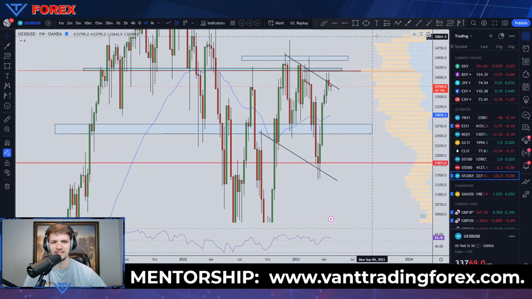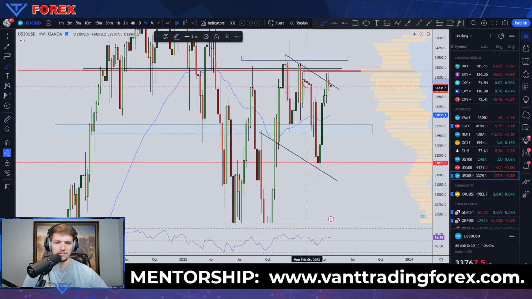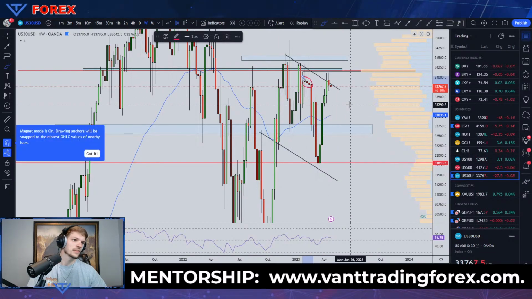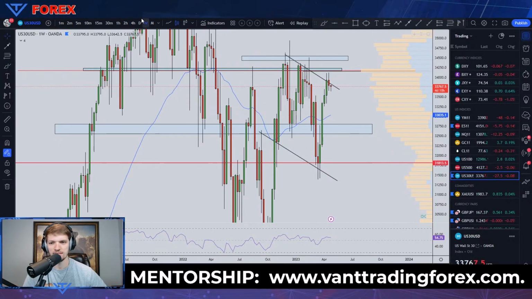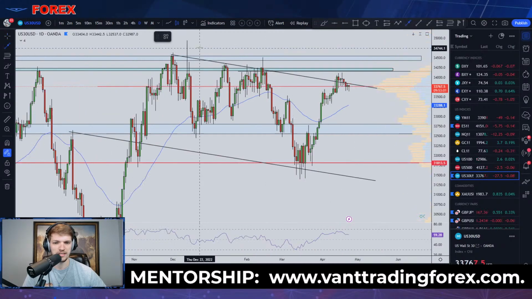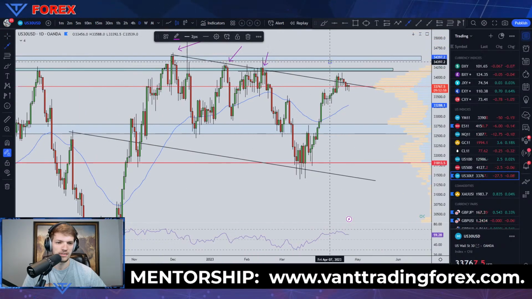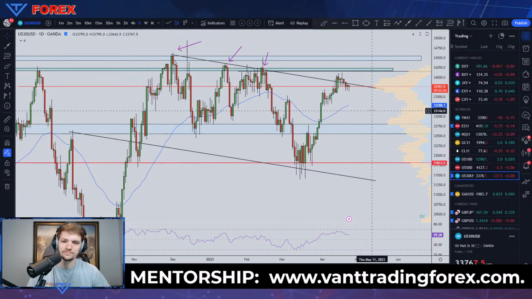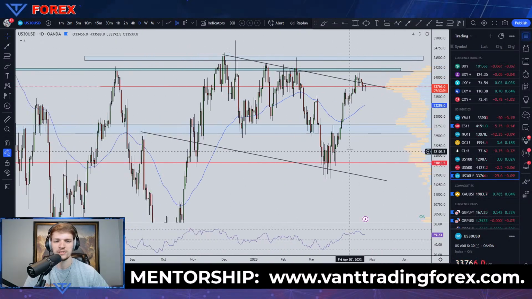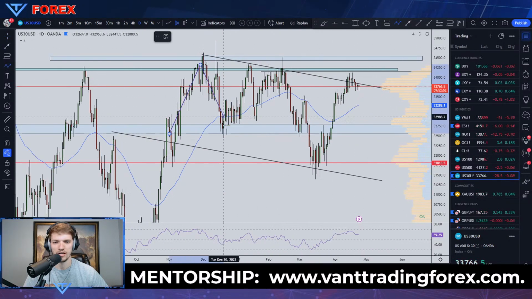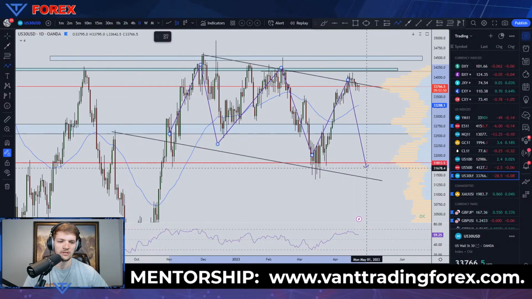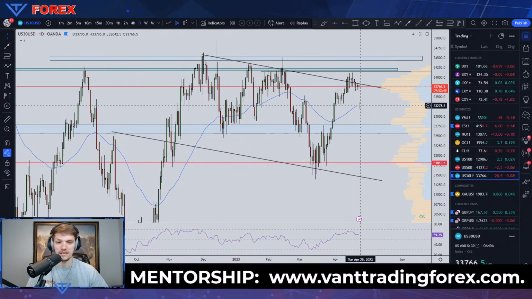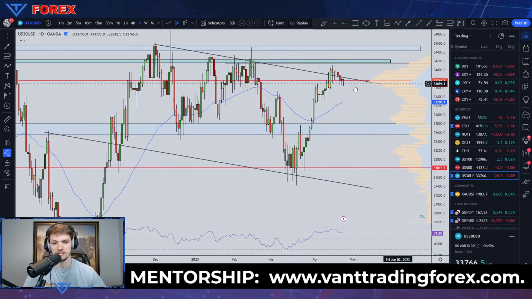So we're just kind of in this range where we had all of this just disgusting price action. Sitting at the daily resistance, creating these lower highs. Setting this channel, bearish channel here. So technically, I would like to see some sells from here.